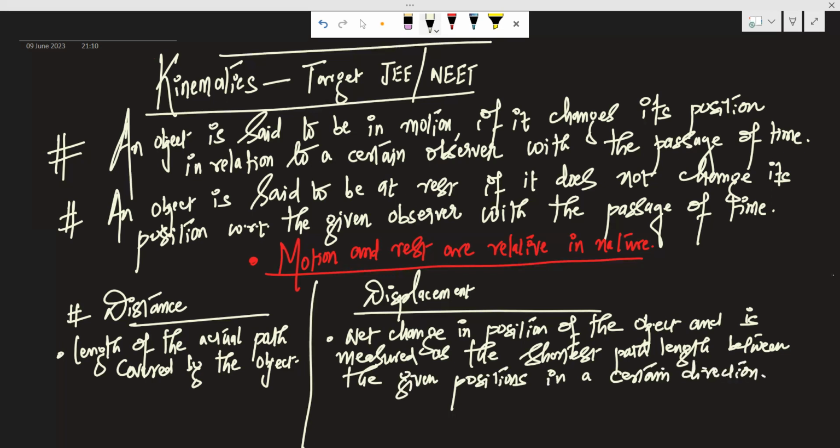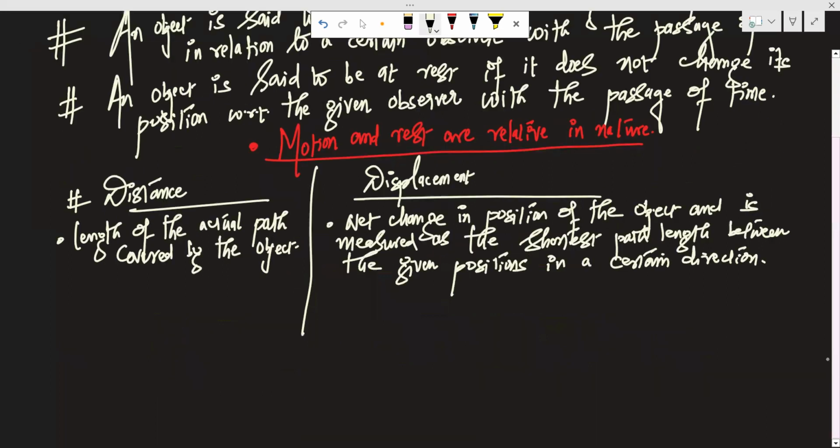Okay. Secondly, distance is a scalar, whereas displacement is a vector. Distance is path dependent, while displacement is independent of path.